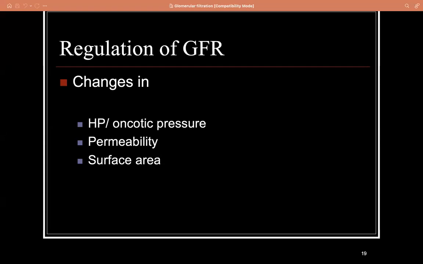Oncotic pressure, hydrostatic pressure. And hydrostatic pressure is a very important element, and it's a direct factor of systemic blood pressure. So anytime systemic blood pressure goes down, hypotension, shock, you'll end up with urine production being markedly reduced.